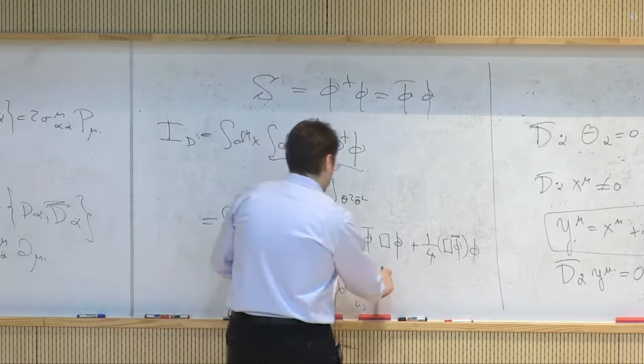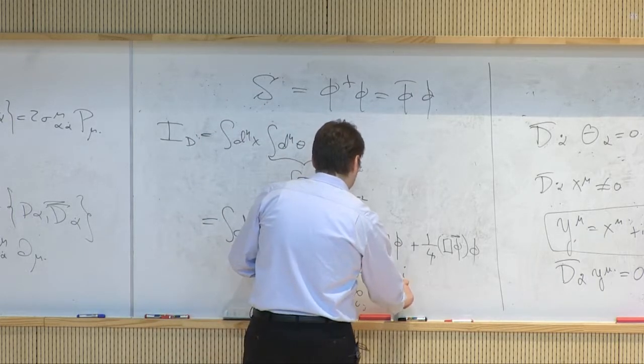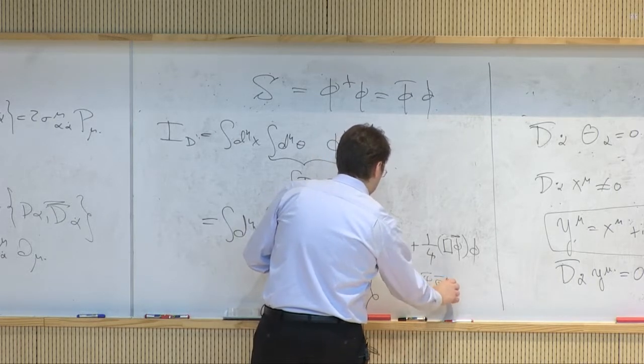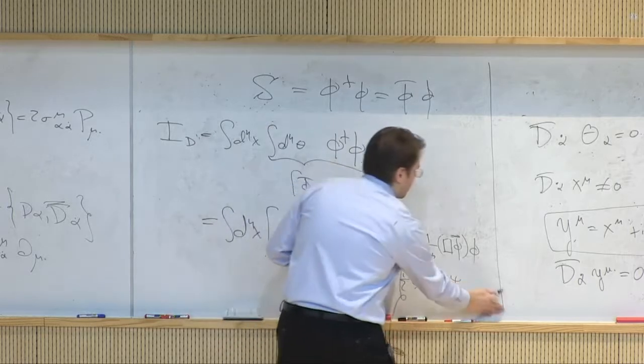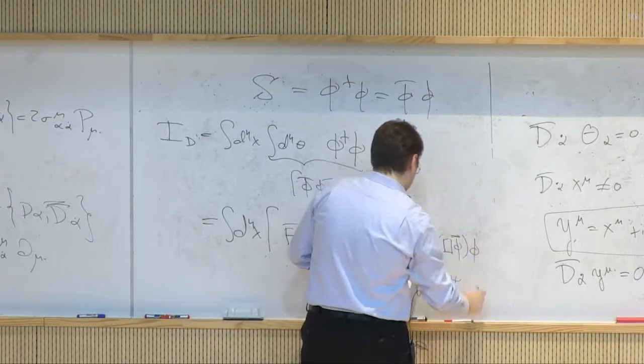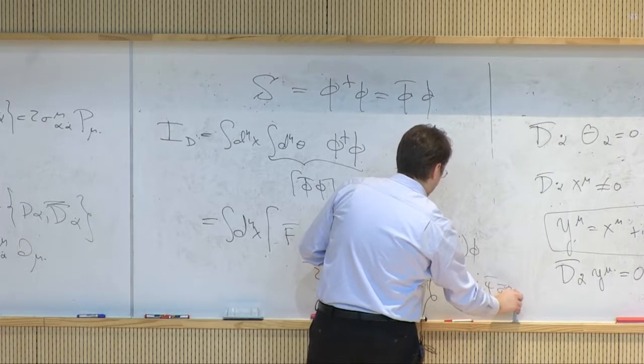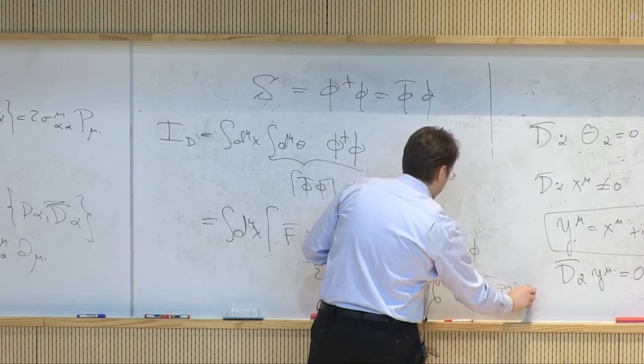And then there are similar terms involving fermions. So there's a term involving a derivative of psi bar, and then a term involving psi and the derivative of psi bar and a derivative of psi.